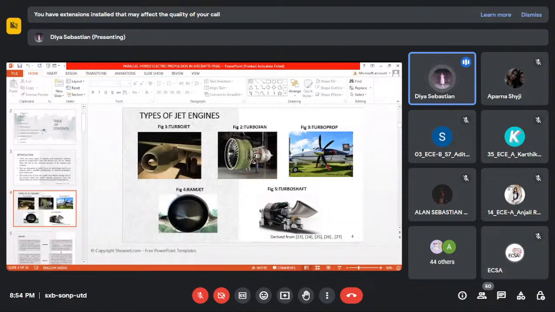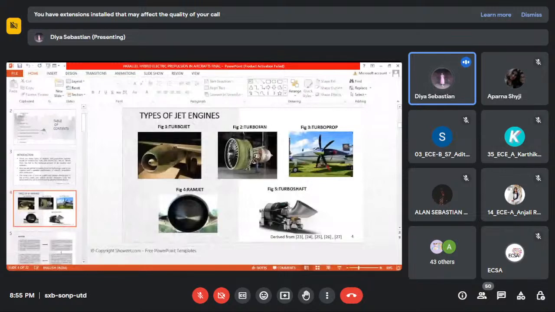There are mainly these types of jet engines: turbofan, turbojet, turboprop, turboshaft, and ramjet. You may have heard about turbojet. Turbojet is the most commonly used engine in the airline industry.